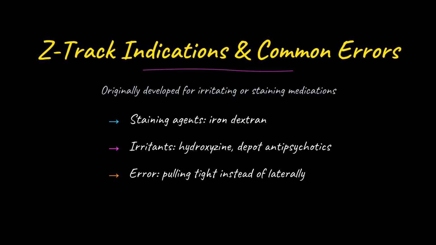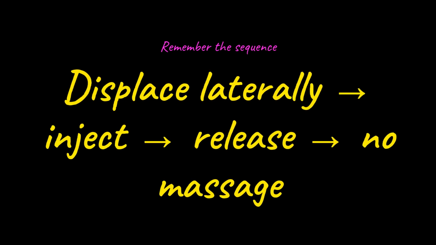The most common exam errors are pulling the skin taut rather than laterally, and massaging afterward, both of which defeat the zigzag seal. Z-track works because misaligned tissue planes physically trap the medication in the muscle. Get the sequence right: lateral displacement, slow injection, needle withdrawal, skin release, no massage, and the seal holds.